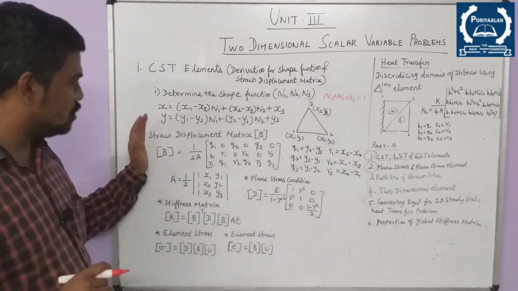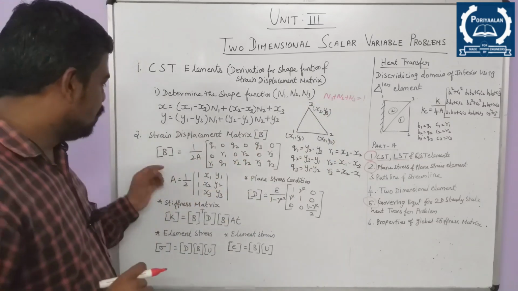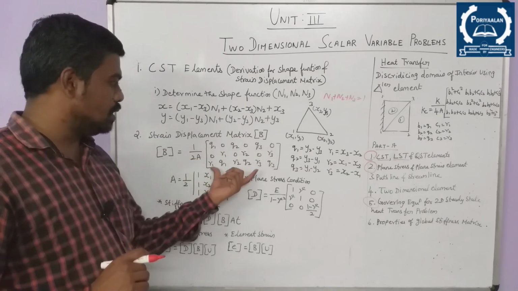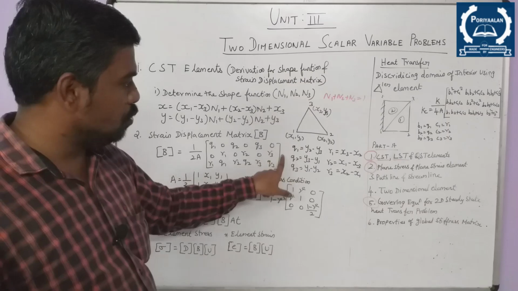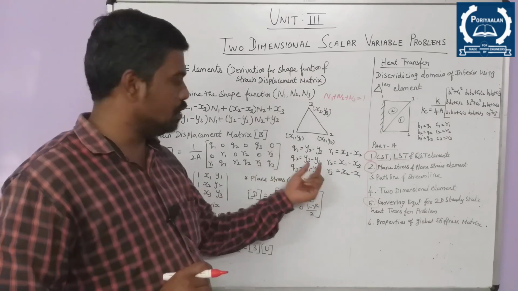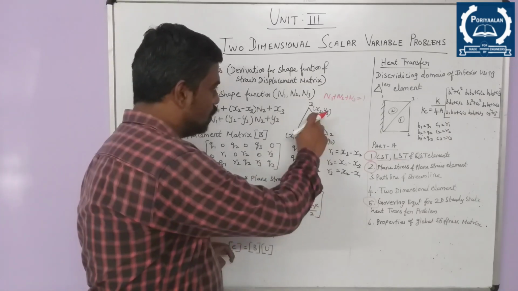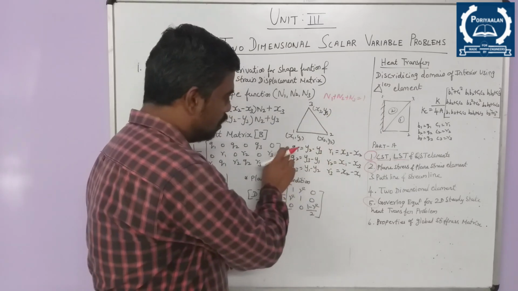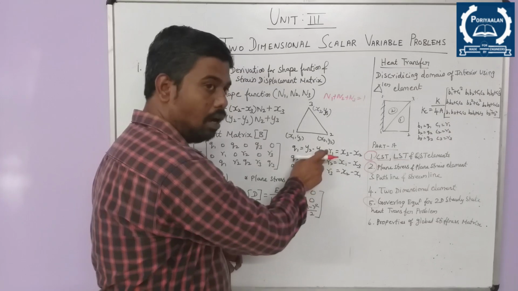Next is the strain displacement matrix. The B matrix is equal to 1 by 2A times q1 0 q2 0 q3, the same formula. How do we find q1, q2, q3 with the help of this equation? The x1, y1, x2, y2, x3, y3 values are all given in the problem, so just substitute here and find the values of q1, q2, q3, r1, r2, r3.